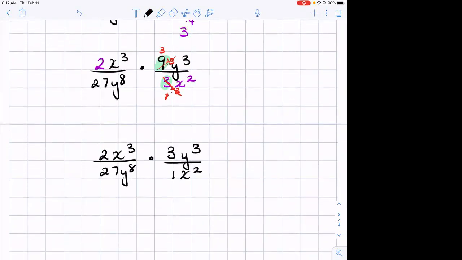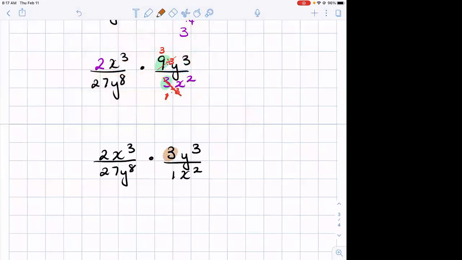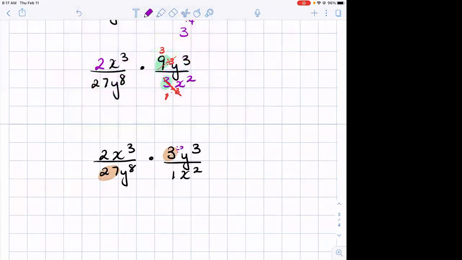Once again, I have a simplification here. I have this 3 and this 27, a top and a bottom. So I can divide both numbers by 3. 27 divided by 3 becomes a 9 and this 3 becomes a 1.